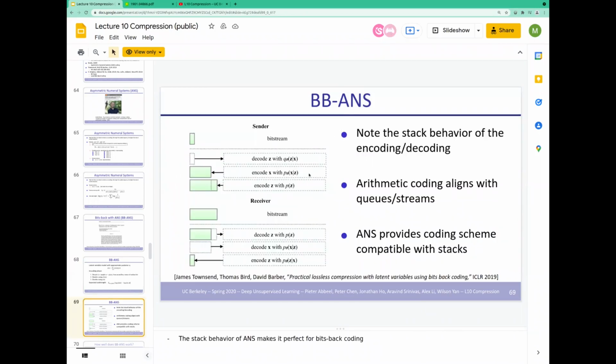Okay, and here's the illustration of it. Here's the bit stream. You use it up to decode Z, and by decoding Z, finding the latent variable, you can use it to encode X and then encode Z, and then the receiver has the stack version of it, and so it decodes Z, decodes X, and then it can figure out what Z was.